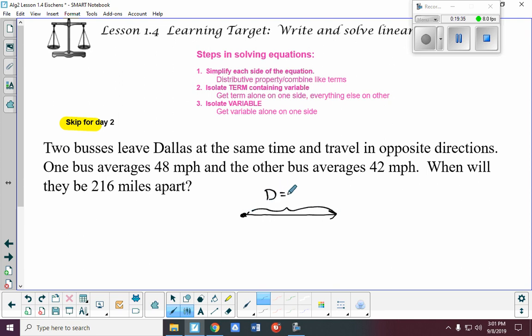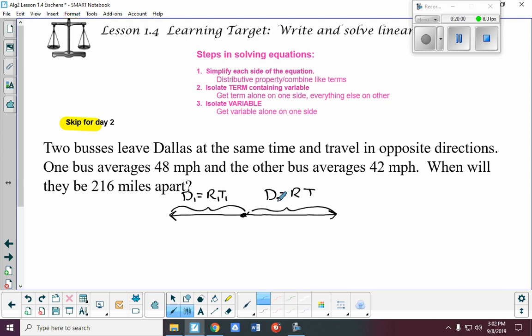So distance is equal to rate times time. The other bus goes the other direction. Whatever this is that bus's distance. Now we have probably two different distances because they're going at different rates. So let's call this distance 1, rate 1, time 1, because that's the rate of the first bus and the time of the first bus.